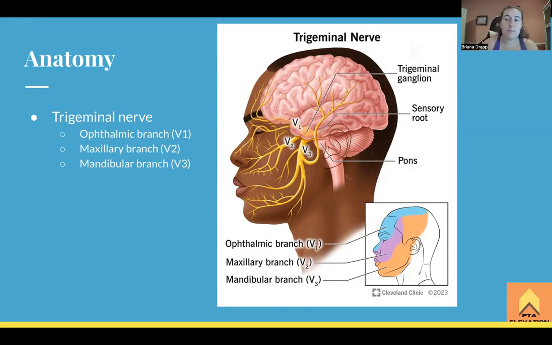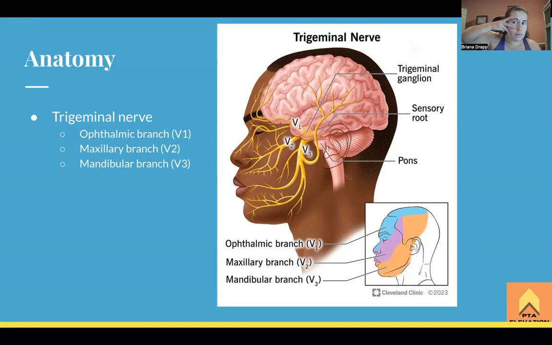A good way to remember the different branches is to take your fingers, 1, 2, 3, and put them on the side of your face. I'm taking my right hand and holding the number 3 up. I'm putting it on my face, and I have the pointer finger going up towards my forehead, so it's on my temple. That's your V1, your ophthalmic branch.